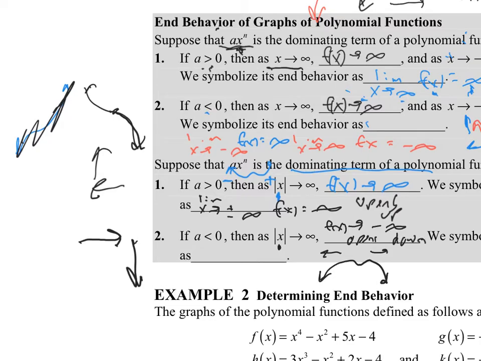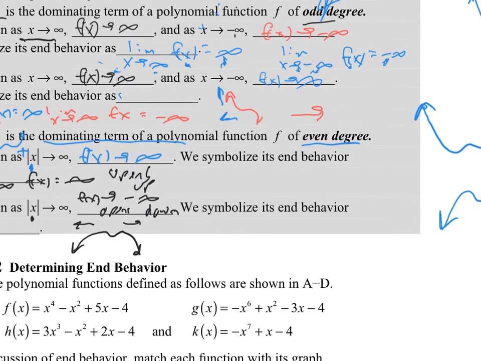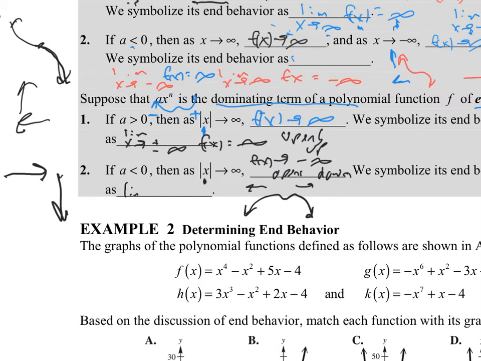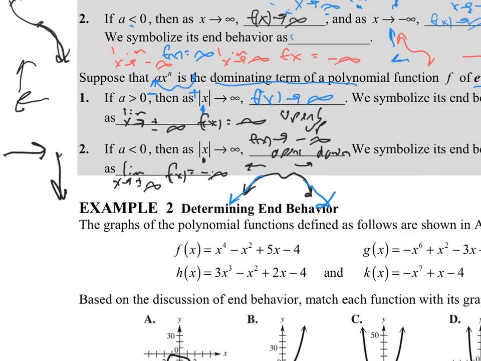We symbolize the end behavior, right here, as the limit as x approaches plus or minus infinity of f of x will always be negative infinity because it opens down. So the end behavior talks about what happens in the future, what happens in the past, the ends.